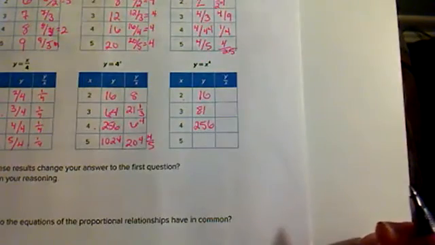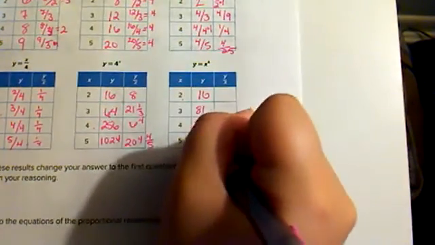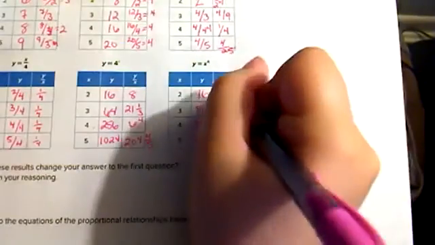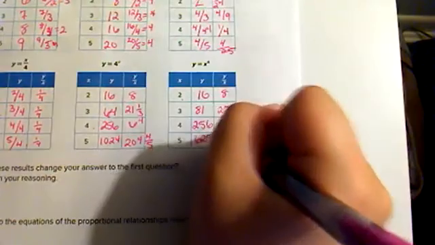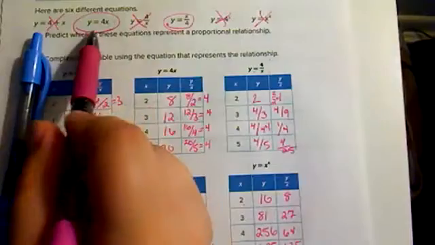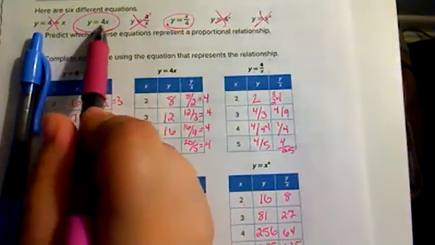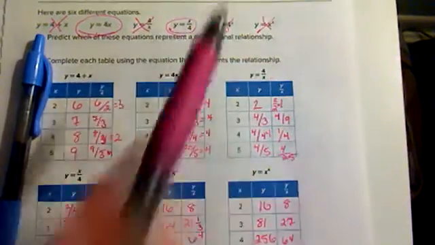And 5 to the power of 4 is going to be 625. And again, we have 8, 27, 64, and 125. So this one is also not a proportional relationship. So we only had 2 that ended up being a proportional relationship. Y equals 4x and y equals x over 4.